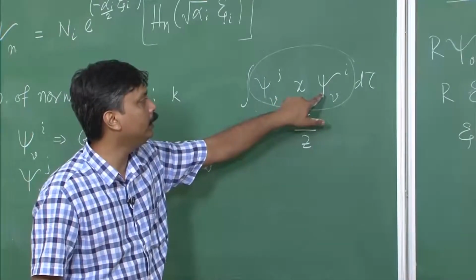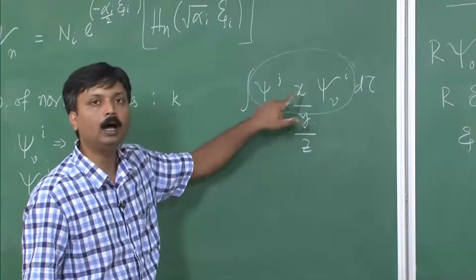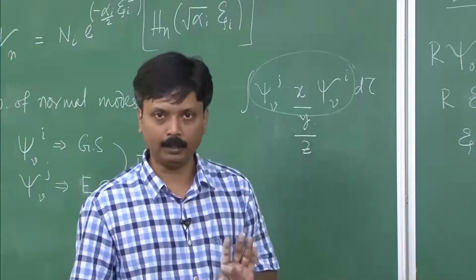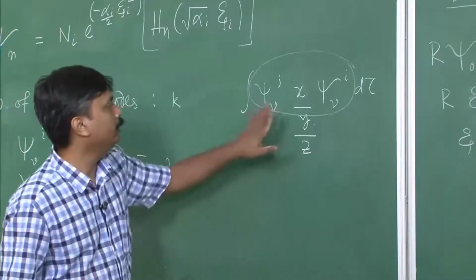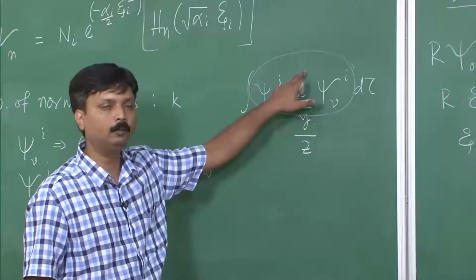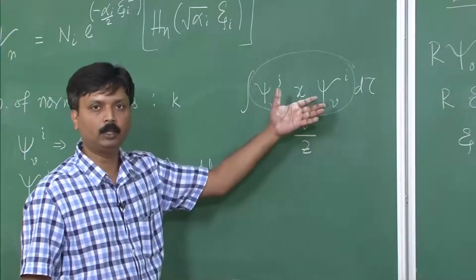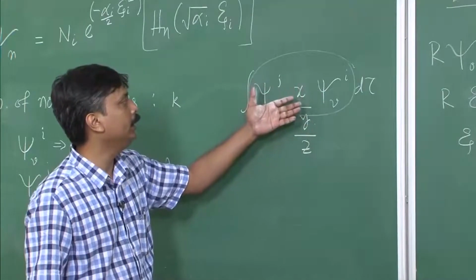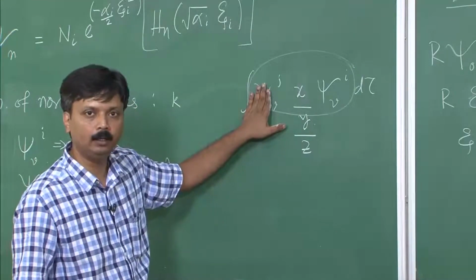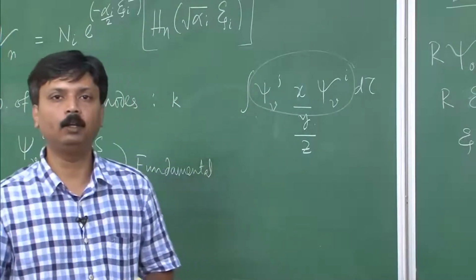Only when the irreducible representations corresponding to this wave function and this function are the same will the direct product contain the totally symmetric IR. The direct product must contain the totally symmetric irreducible representation in order to have a direct product with this one, which is already totally symmetric in nature, and give a non-vanishing value for the integral.